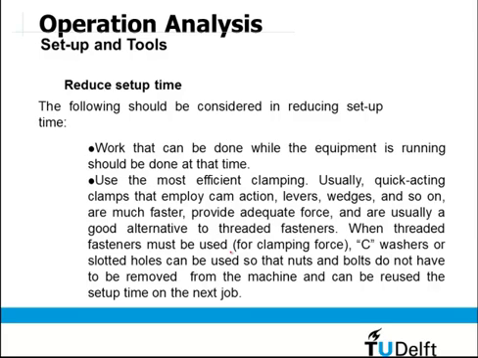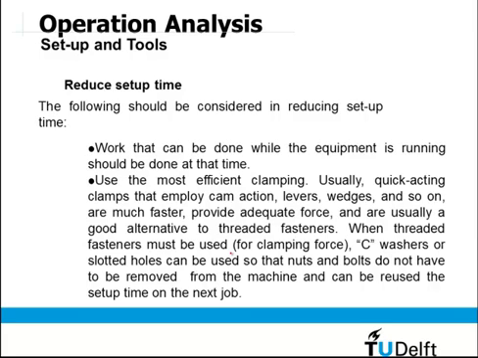When threaded fasteners must be used for clamping force, C-washers or slotted holes can be used so that nuts and bolts don't have to be removed from the machines and can be reused, reducing the setup time on the next job. The slotted holes and C-washers are the tools.